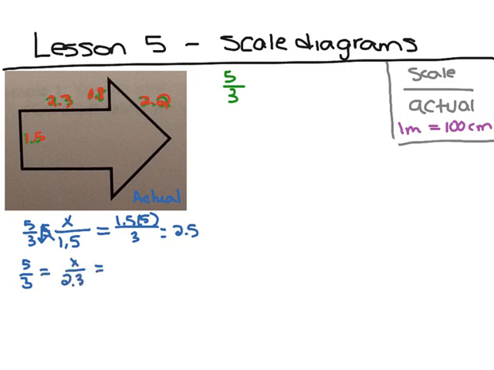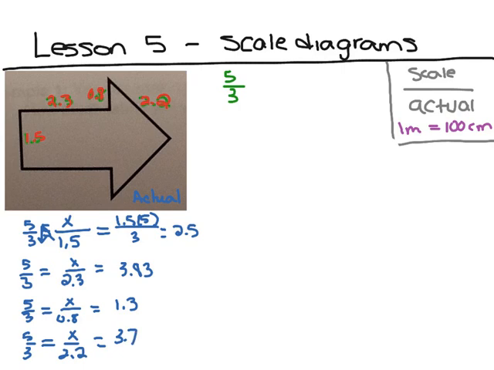So 2.3 times 5 divided by 3 is 3.83. 5 over 3 equals x over 0.8. So 0.8 times 5 divided by 3 is equal to 1.3. And the last one, 5 over 3 is equal to x over 2.2. 2.2 multiplied by 5 divided by 3 is 3.7.